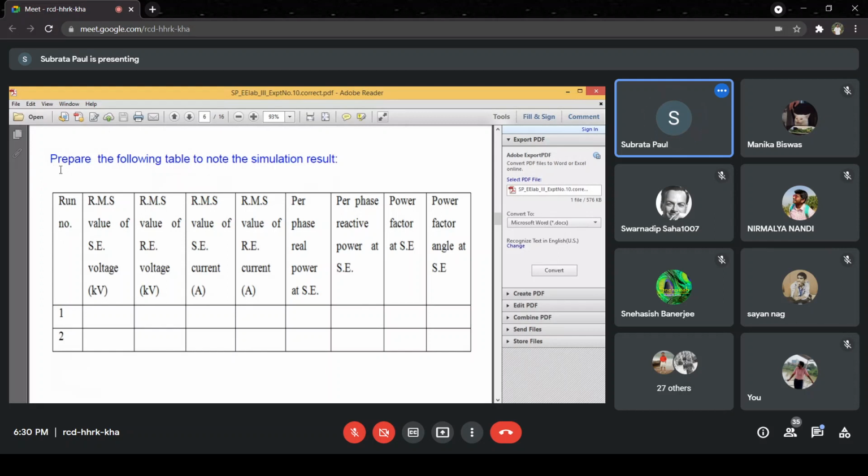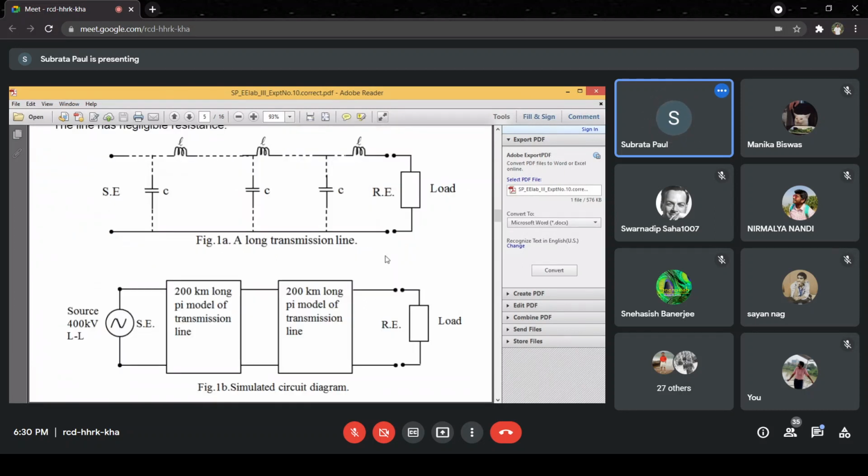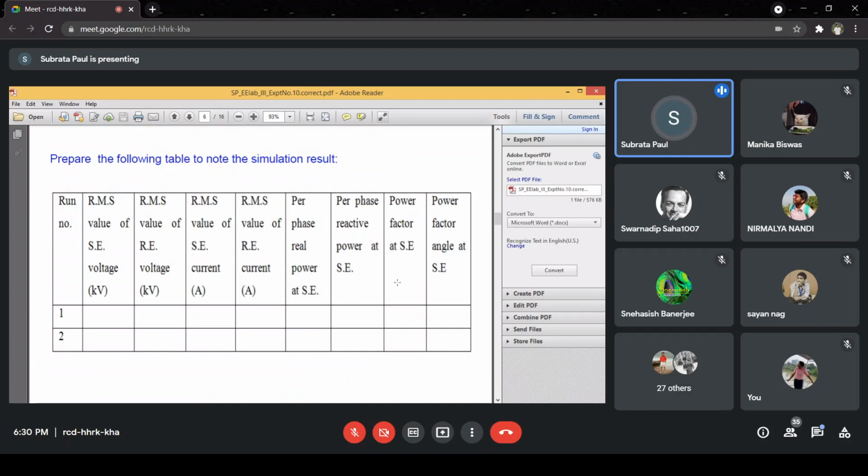And in this experiment, what you will do, you will have to fill up this. First of all, you will have these values obtained from the simulation experiment, and again you will calculate the values because the line parameters are given, loading conditions are given. From that you can calculate the theoretical values and you will have to verify or compare the experimentally obtained result and your calculated result, right?